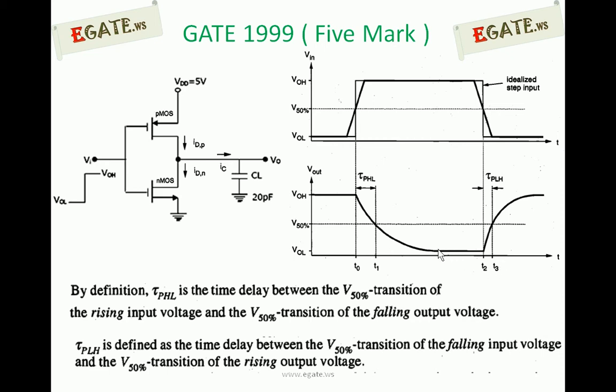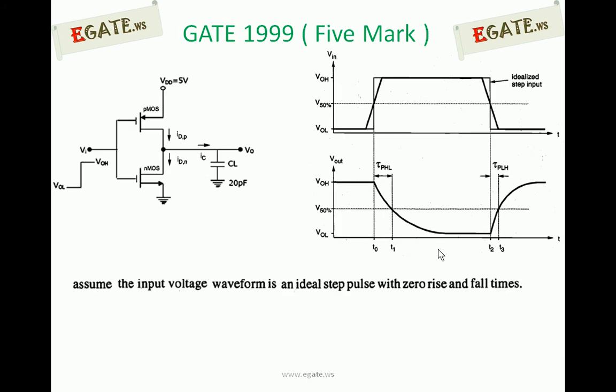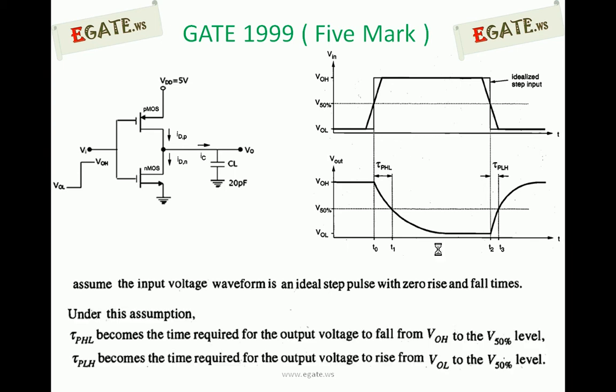For simplicity, assume an ideal input signal, that is, the input voltage waveform is an ideal step pulse that has 0 rise and fall times. Under this assumption, tau pHL becomes the time required for the output voltage to fall from VOH to the V50% level.